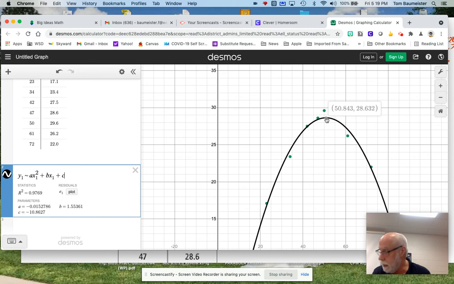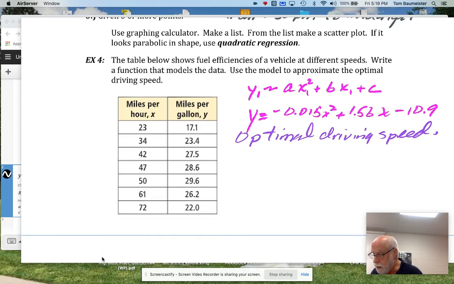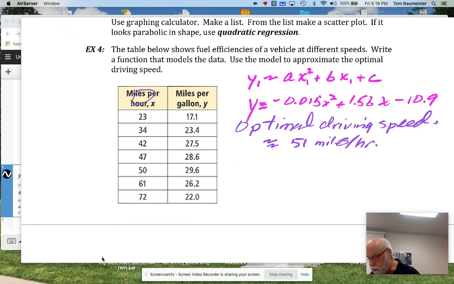And if you look at it, it's 50.843. So you're going to tell me that our optimal driving speed is approximately 51, and that would be miles per hour because we were looking at our value there. 51 miles per hour.